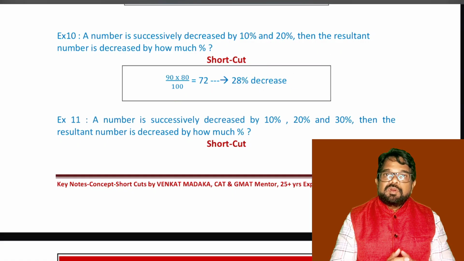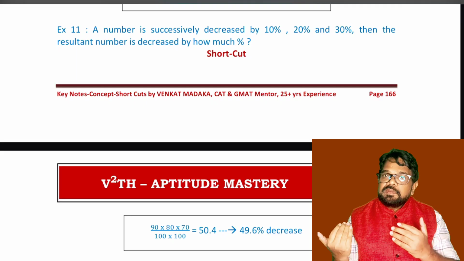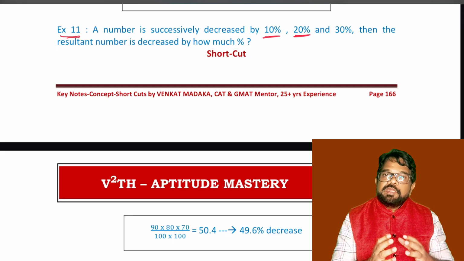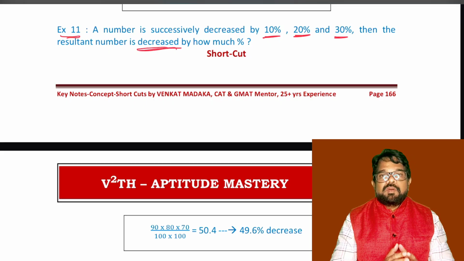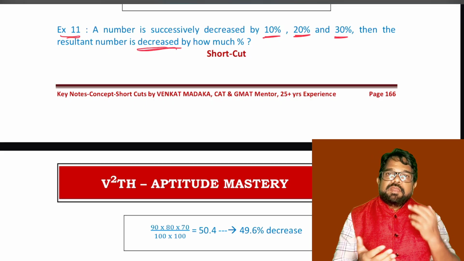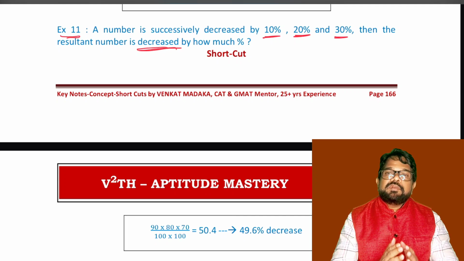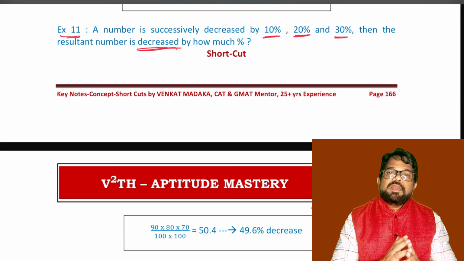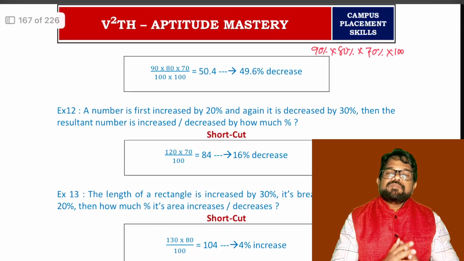Understood all of you? Now question number 11. A number is successively decreased by 10%, 20% and 30%. Then the resultant number is decreased by how much percent now? Now we know decrease with 100 minus. What you do? 90% of, 80% of, 70% of 100. Simply, 90 into 80 into 70 by 100 into 100.